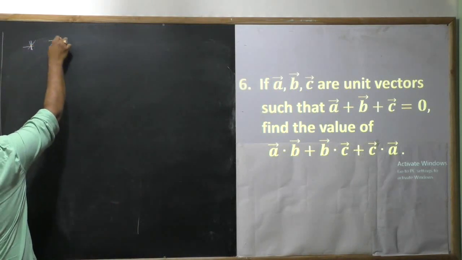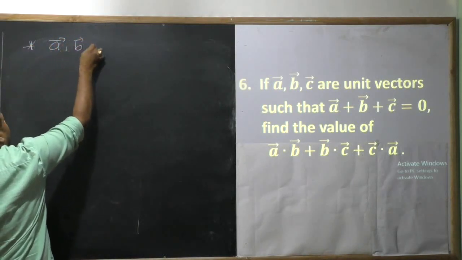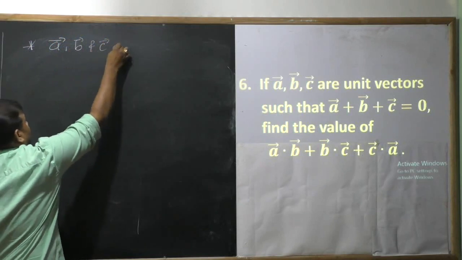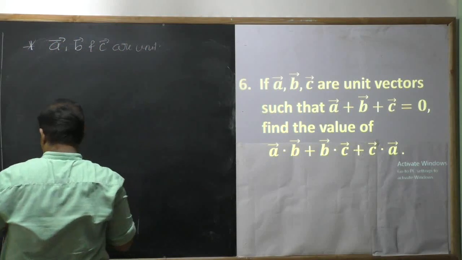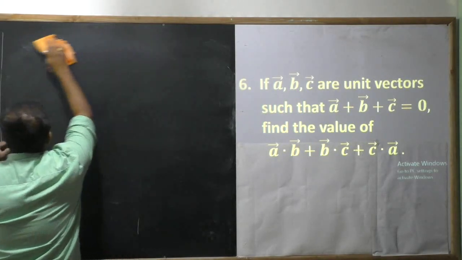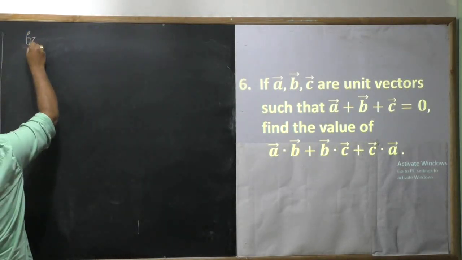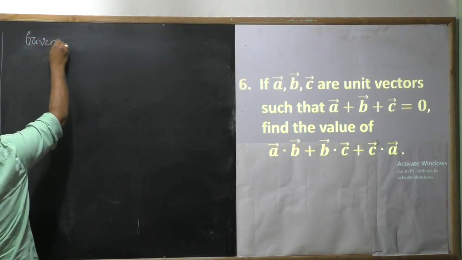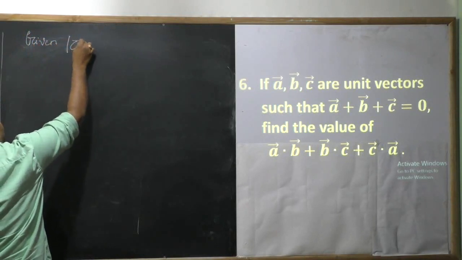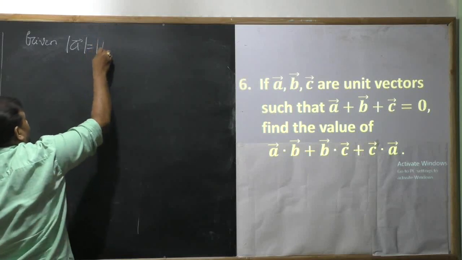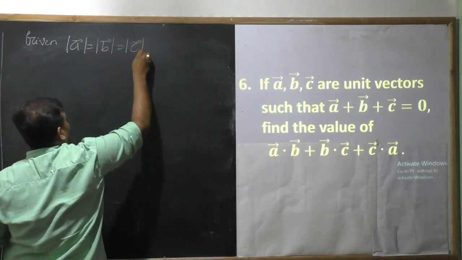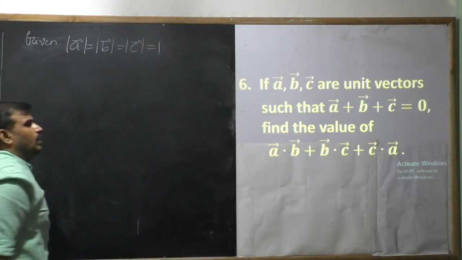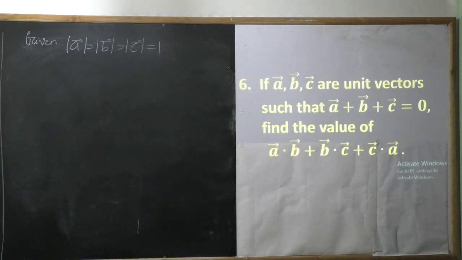The condition: vectors a, b and c are unit vectors. Or, writing directly, what is given? The magnitude of vector A is equal to the magnitude of vector B is equal to the magnitude of vector C is equal to 1, because they are unit vectors.